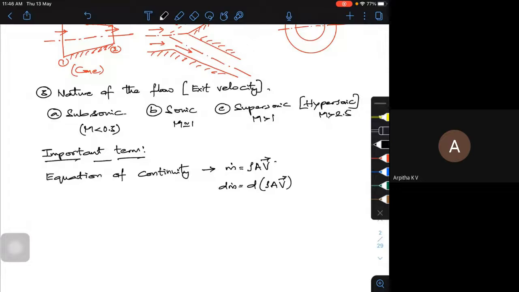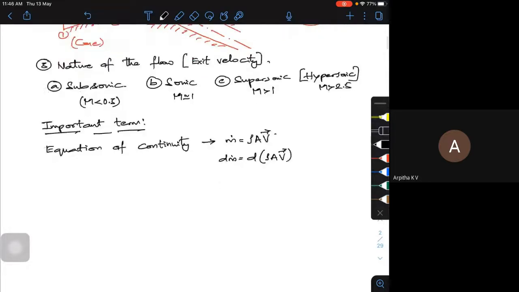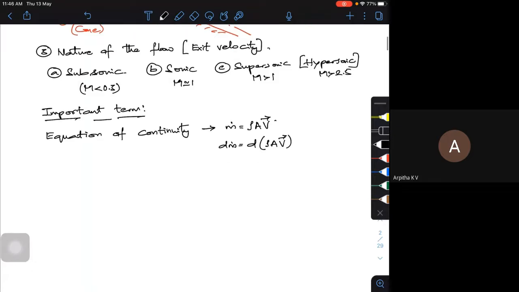Now, see what is the change in velocity, dV by V, dA by A, or d rho by rho. Looking at only the right hand side in terms of differentials, what is the change in your velocity with respect to your V?